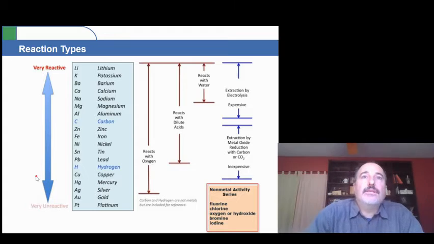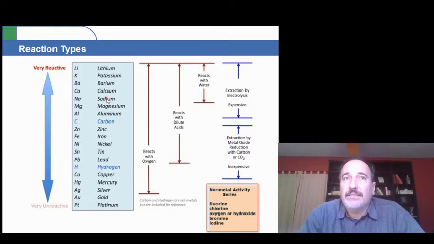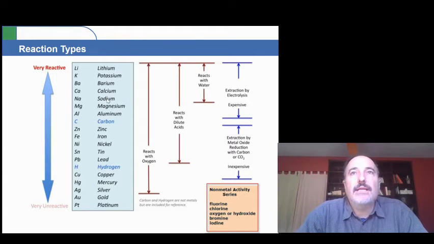So you have here, for example, if the lone metal is sodium and the compound contains zinc, since sodium is higher than zinc, then yes, sodium will replace it and the reaction will occur. However, if it's zinc all by itself and sodium's part of the compound, then no, it will not.